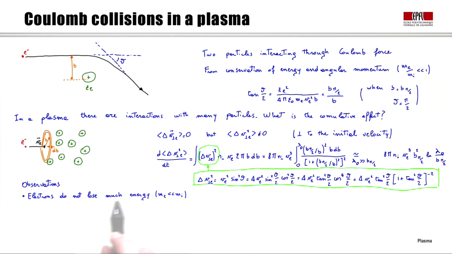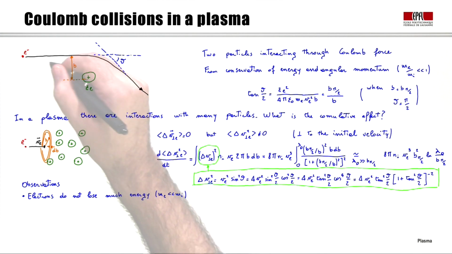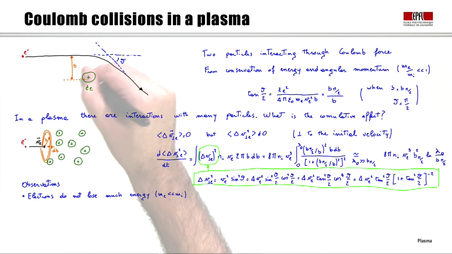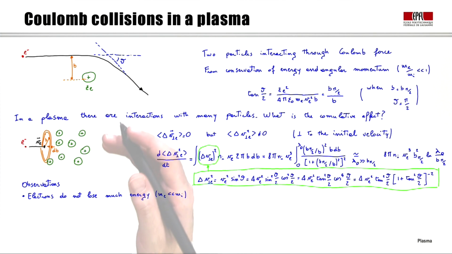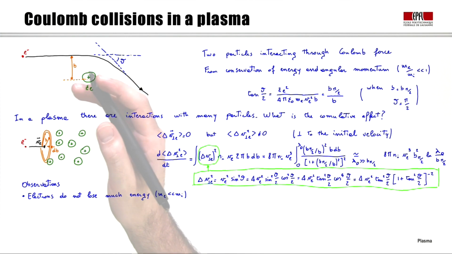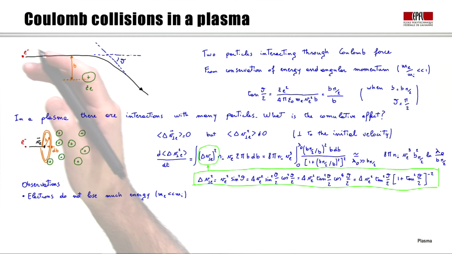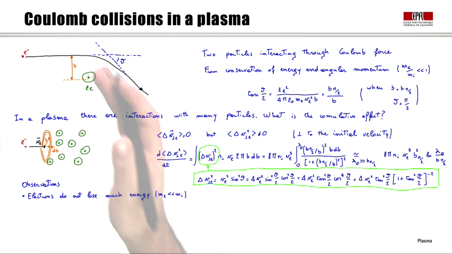The first one leads to the estimate of the change of the parallel electron velocity because of the multiple interactions with the ions present in a plasma. Why is that? Well, this is because the electrons impacting on such heavy particles can be assimilated with the collision between, for example, a ball against a wall.